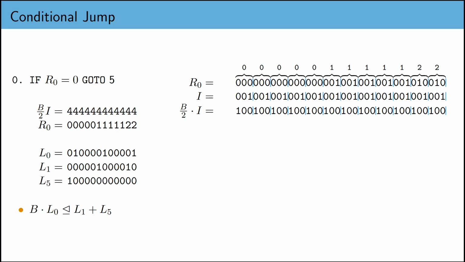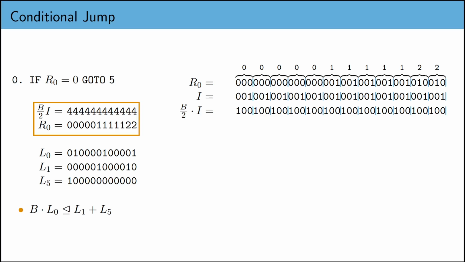And for our improper choice of B being 8, this is going to be a number that's all 4's, or 100's in binary. And again, we deliberately chose our B so that B over 2 is larger than any value we could have in the register R0, any digit that we could have when we write our R0 in base B.